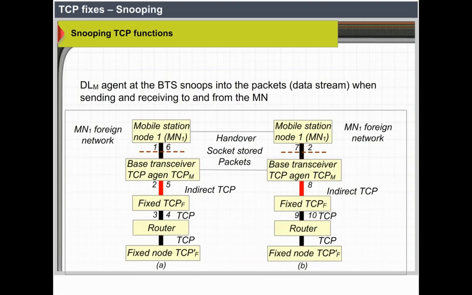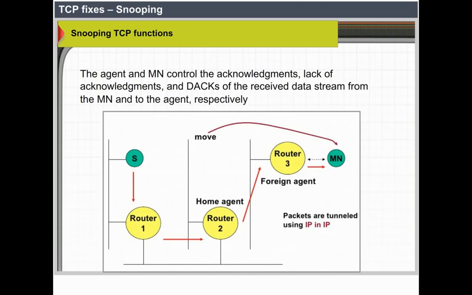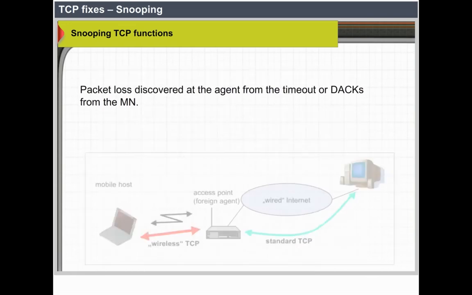The DLM agent at the BTS snoops into the packet's data stream when sending and receiving to and from the MN. The agent and MN control the acknowledgements, lack of acknowledgements, and DACKs of the received data stream from the MN and to the agent respectively.